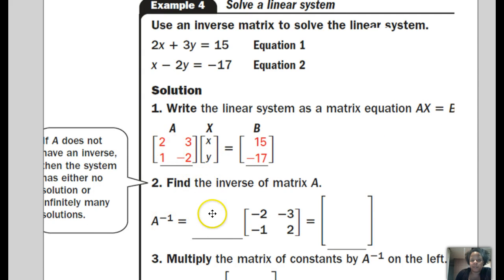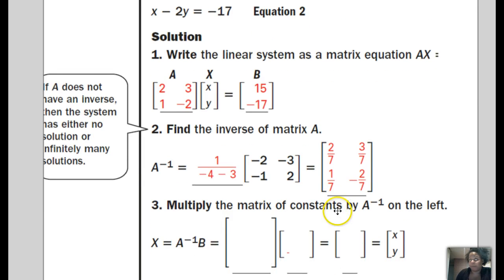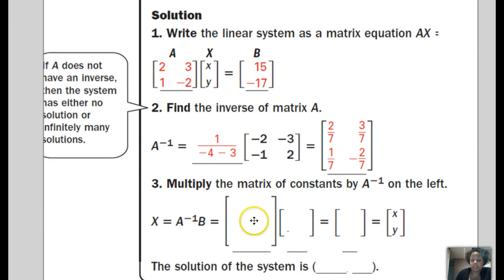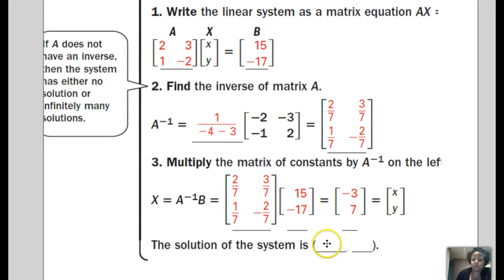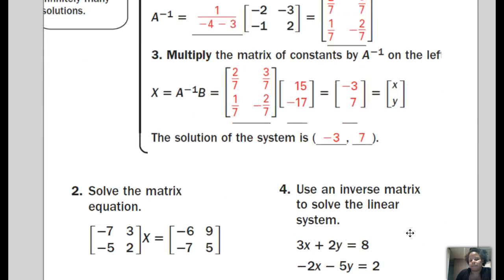So I'm going to take the determinant of that and divide 1 by it, and then multiply by the matrix with A and D switched and the signs of B and C changed. So this is my inverse matrix. We're going to take this matrix and multiply it times the original B matrix. And we end up with this matrix, which lets us know that our solution for the system is X is -3 and Y is 7.